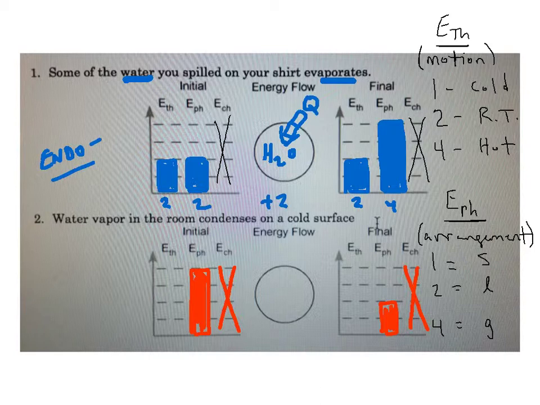Now, some students may go ahead and say it's at room temperature because it says in the room. Some students may say, well, it was a vapor because it was heated up. We don't really know, but what we do know is that it's falling on a cold surface. So to bring it down to 1 bar and say cold, that's good. I'm going to go ahead and go with 2 bars because it says the vapor in the room.